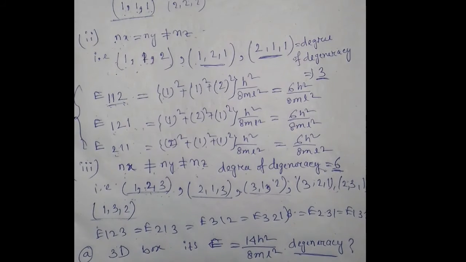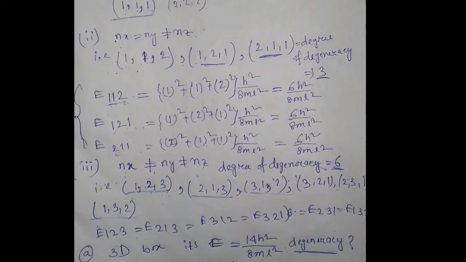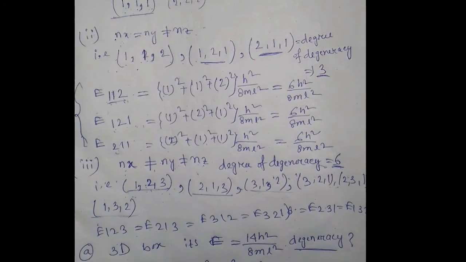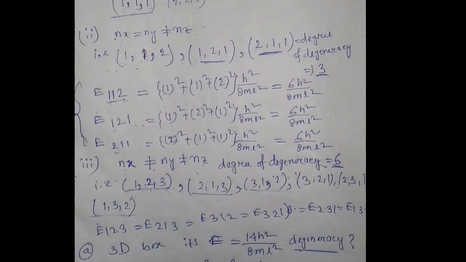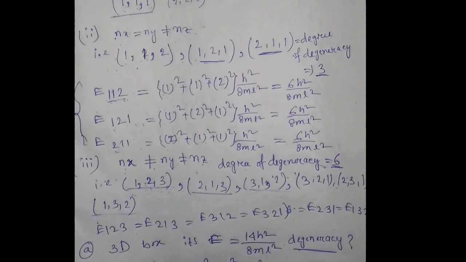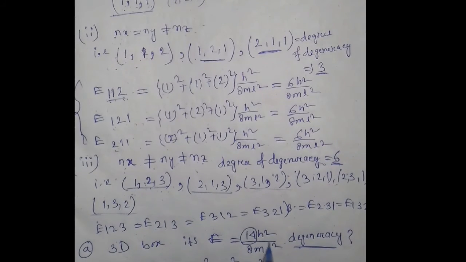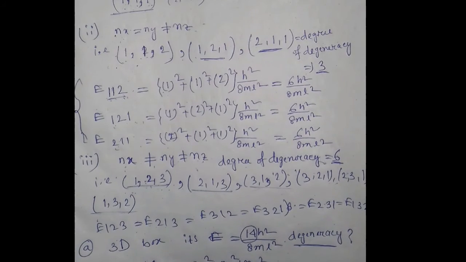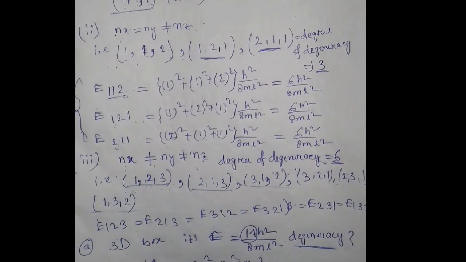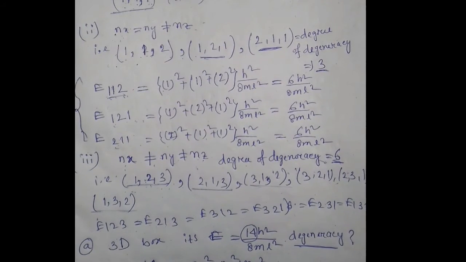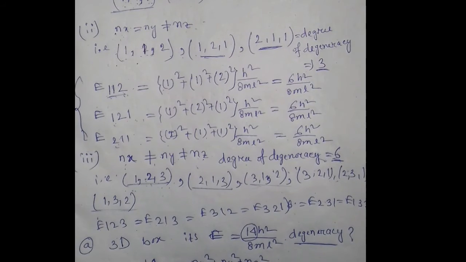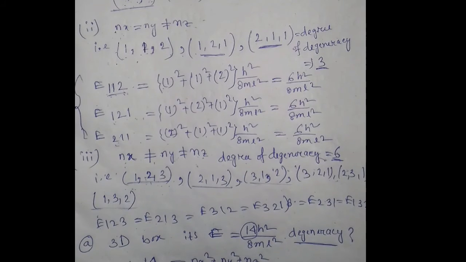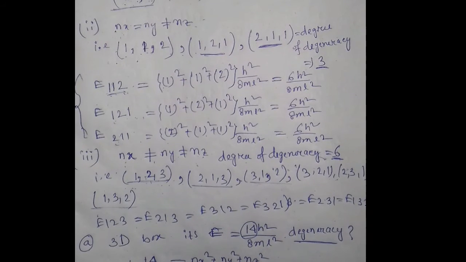If we put the values nx equals 3, ny equals 2 and nz equals 1, we get 14: 3 square plus 2 square plus 1 square, that is 9 plus 4 plus 1, which is 14. That means nx, ny and nz have the values 3, 2, 1.